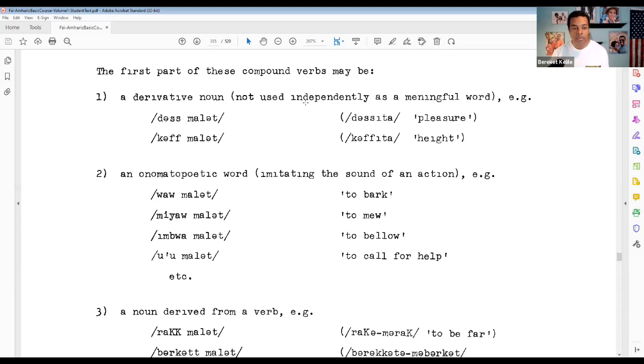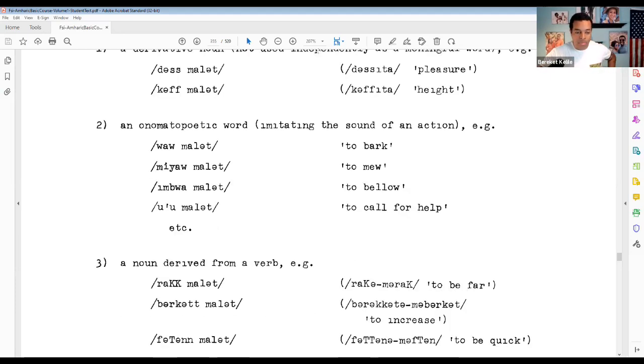Some of these examples are wow malet, to bark, meow malet, to mew, I guess a cat, mbwa malet, to bellow, and malet, to call for help. That is something someone might say if they're in danger or need help, they're going to yell, and so that's a really good example where the sound itself is the word.